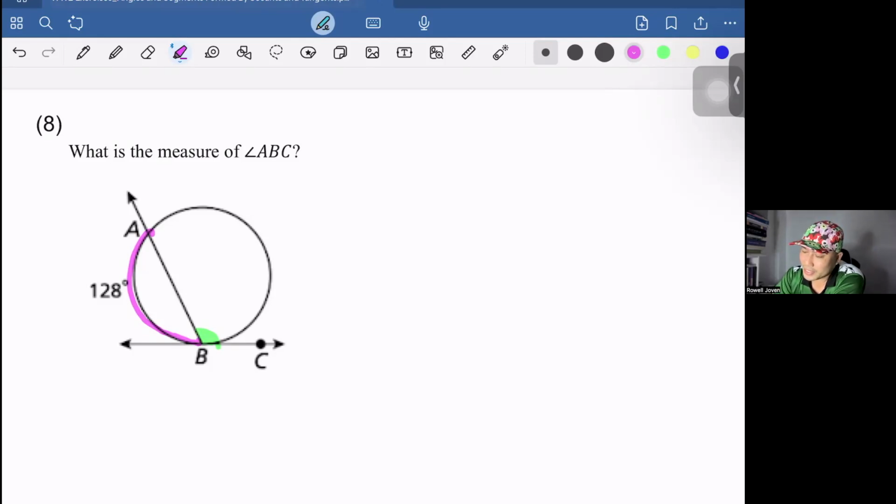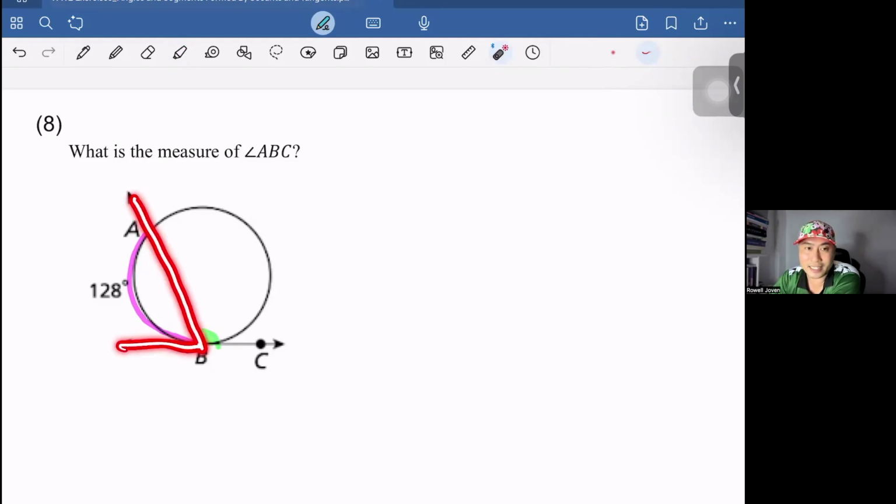We know that there is a tangent segment here, and this is the secant line or secant segment. The measure of an angle formed when a tangent line and a secant segment intersect is always one half the measure of the intercepted arc. The intercepted arc here is arc AB.